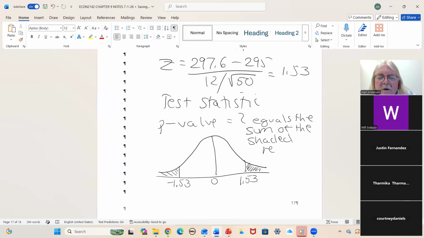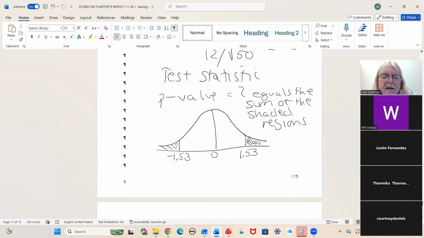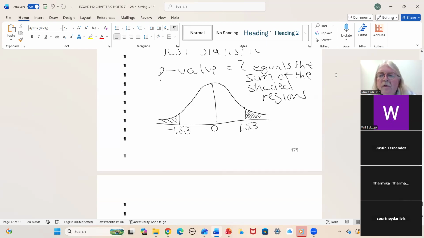We didn't see that before. So we're going to have to go to the calculator. Now we only have to calculate one of these. They're both the same area because of the symmetry of the curve. So let's just solve for this one, and then whatever that number is, we'll double it. And that will be our p-value.